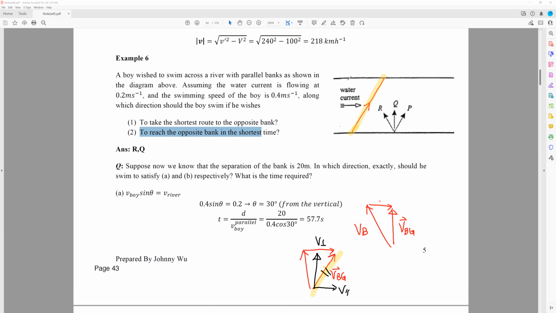Then the time for the object to cross the river will just be the distance, 20 meters, divided by the v perpendicular. It's nothing to do with the horizontal velocity.